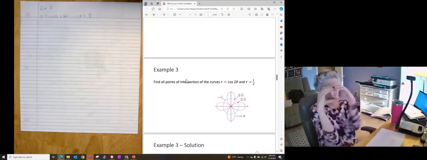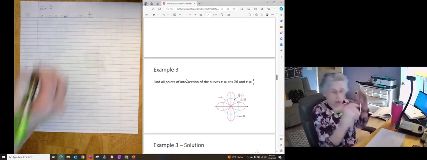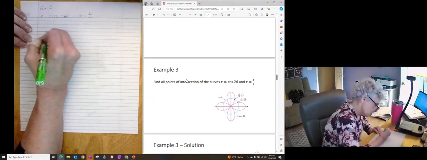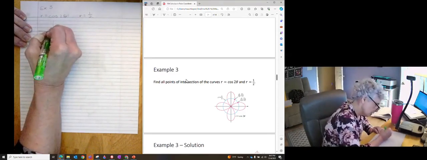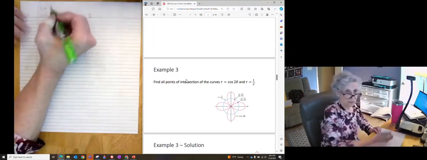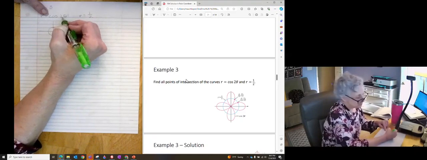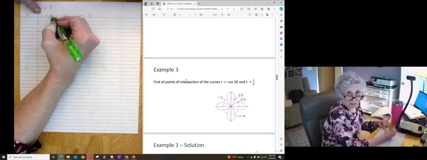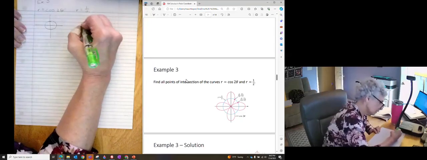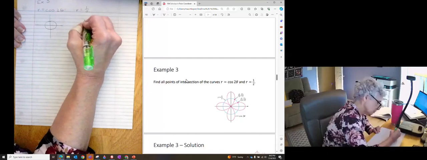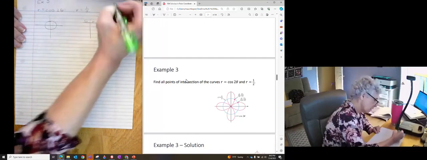Well, r equals 1/2 is super easy. That's just the circle at the origin whose radius is 1/2. So I'll just go ahead and try and draw that. We'll call this 1/2. This is a 4-petaled rose whose first petal lives on the x-axis and has length 1. But if you don't remember that, then you would do your theta and r.